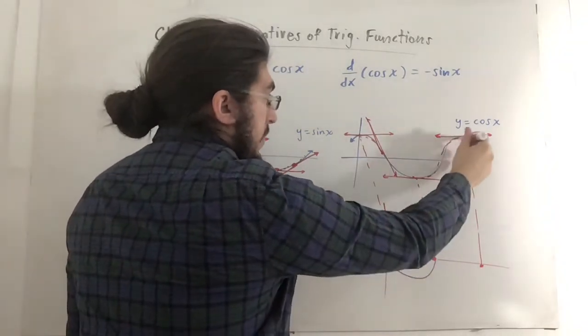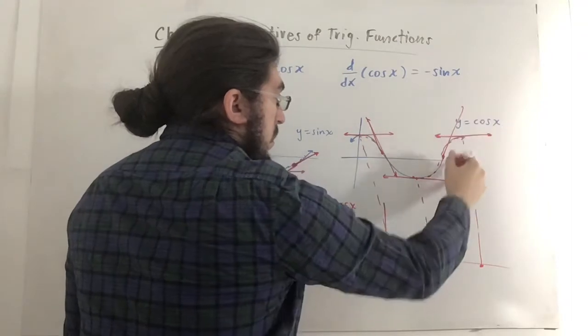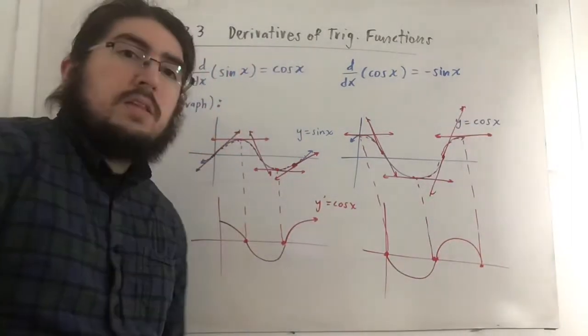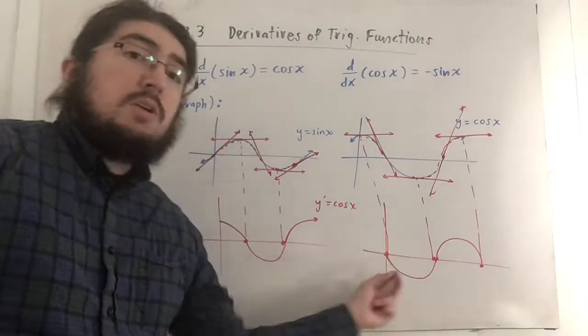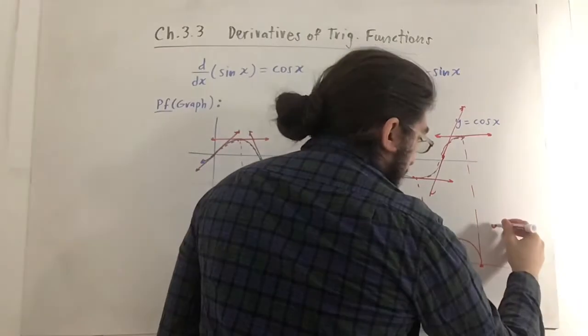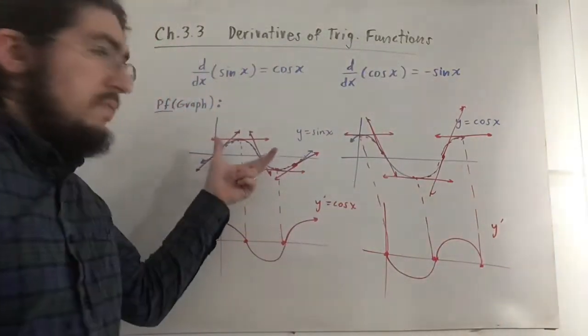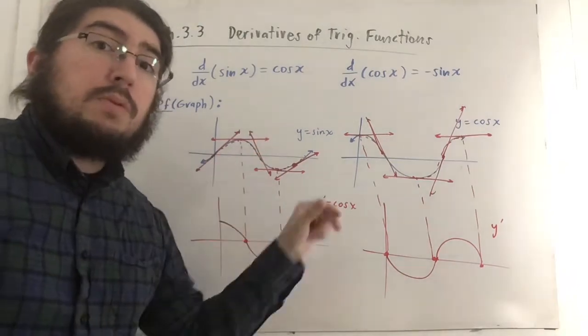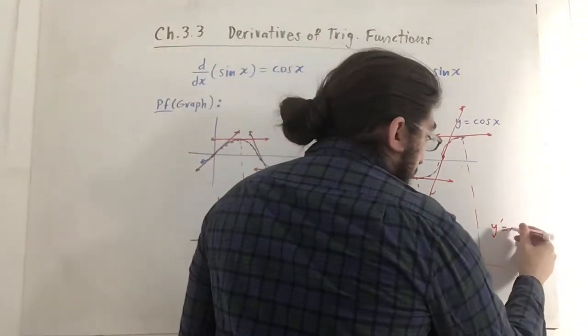Any point from here to here, the slope is positive, so that's above the x-axis. And notice, this doesn't quite look like the graph of sine for y prime in this case. It looks like the graph of sine if it was flipped, and to flip something across the x-axis, you just multiply it by negative, so this will indeed be negative sine of x.